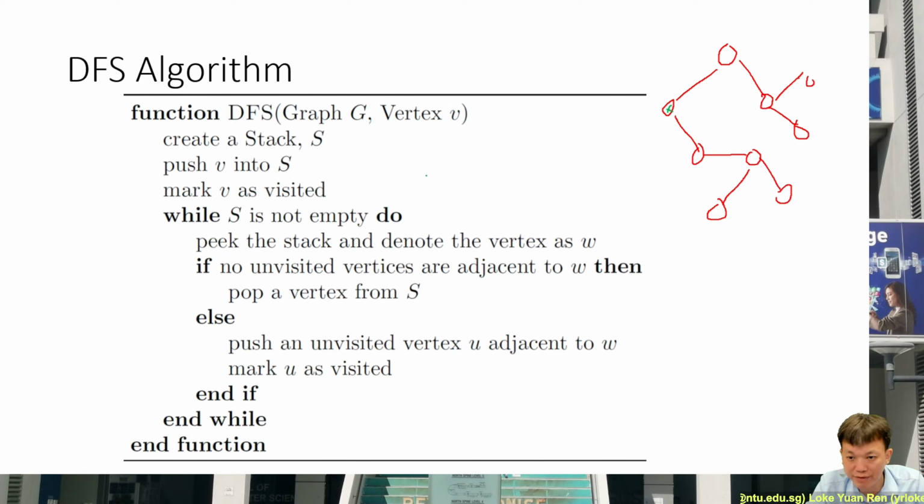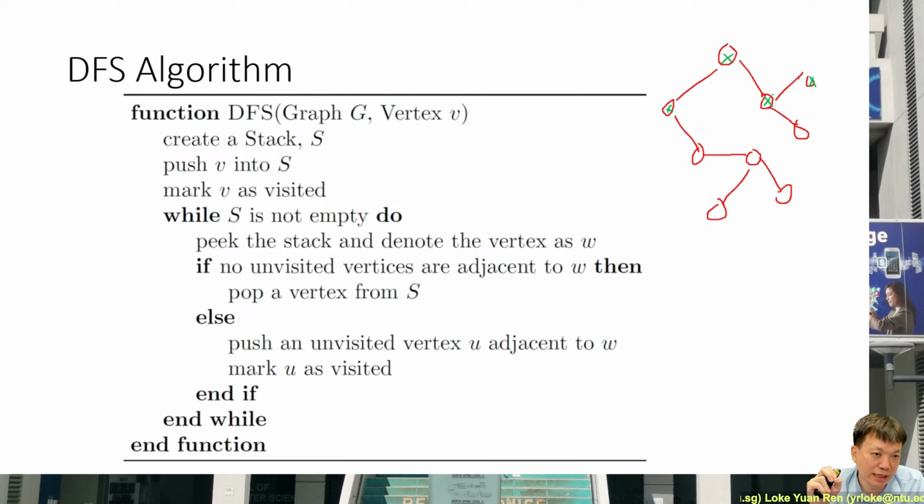The idea we are trying to understand is that we are trying to travel as far as we can. Once I find one adjacent node which is unvisited, I will quickly go and visit it first. I don't care about the other one at this moment. I will move on from this node and look for another node.